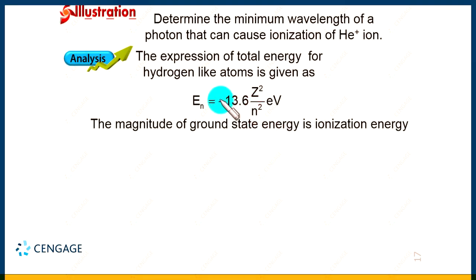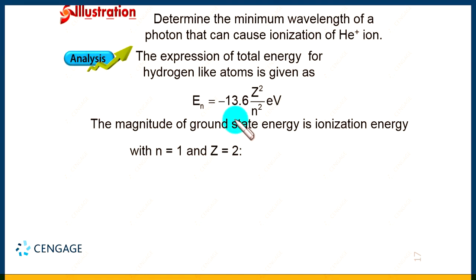Now, let us write the energy corresponding to the ground state. That means, we need to substitute n equal to 1 in this expression. Here we need to calculate for helium ion. So, Z equal to 2. So, let us substitute n equal to 1 and Z equal to 2. Let us calculate the magnitude of E1.